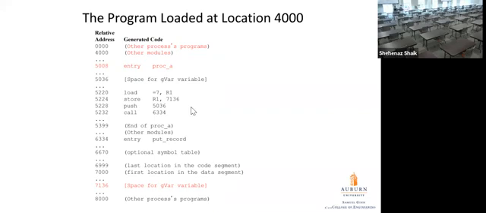During load time, we saw that the program is actually loaded at this particular physical memory location, starting from 4000. Based on that, the loader has identified the actual physical address for that gvar variable, and has replaced that logical address with the physical address.